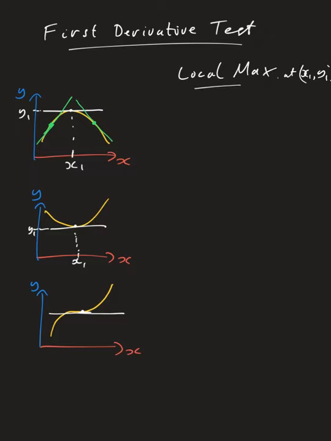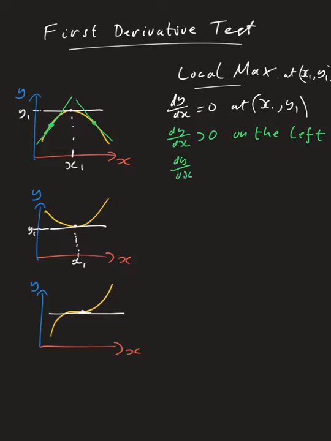So if we have a local maximum at some point x1, y1, we must have dy dx equal to 0 at the point. We must have dy dx positive or greater than 0 on the left. So immediately to the left of my stationary point, I should have positive slope for a maximum like this.